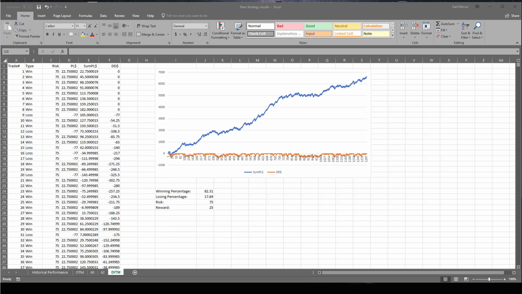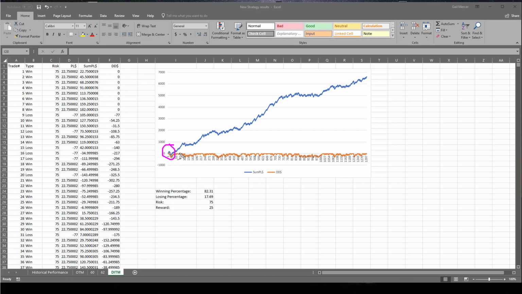Okay, this one is using a deep in the money strategy. You're risking $75 to make $25. Your winning percentage is 82%. Your losing percentage is 17.69. Now you can see on this one, you don't have such a strong drawdown over here.